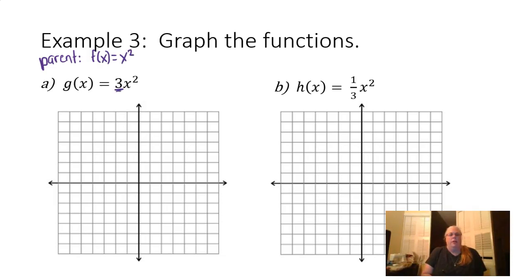And this 3 is actually going to provide a vertical stretch on our graph. On the parent function, if I put 0 in for x, 0 squared is 0. If I put 1 in for x, 1 squared is 1. And if I put negative 1 in for x, negative 1 squared is also 1.